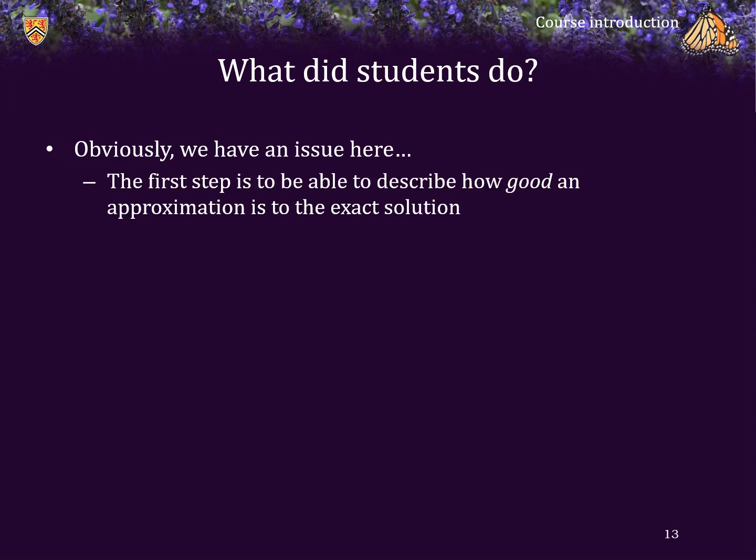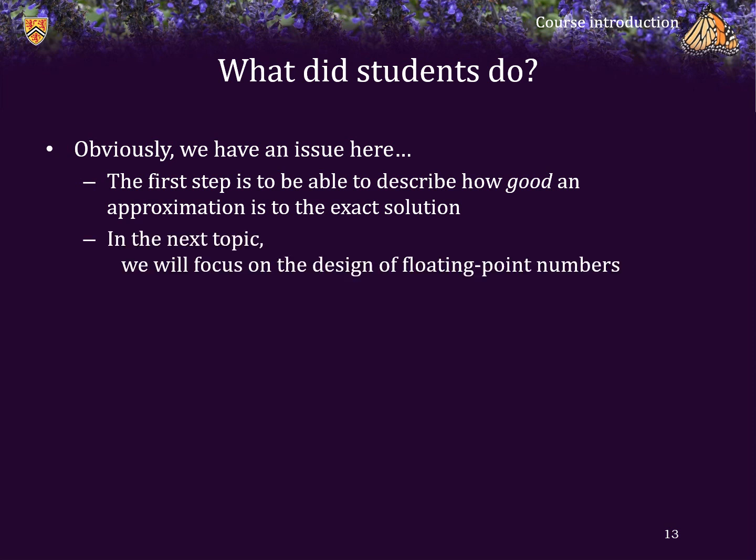So what we're going to carry on with is looking at techniques for describing how good an approximation is as compared to the exact solution. In the next major topic in this course, we will focus on looking at the design of floating point numbers and the issues that come from using this design.